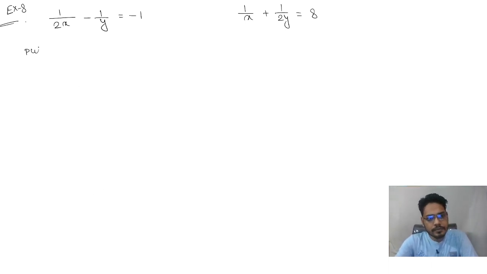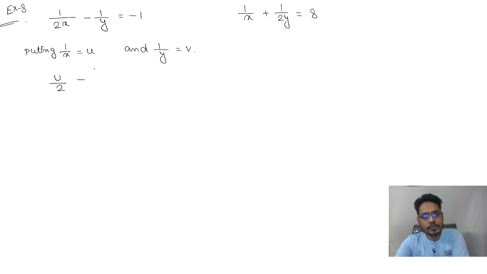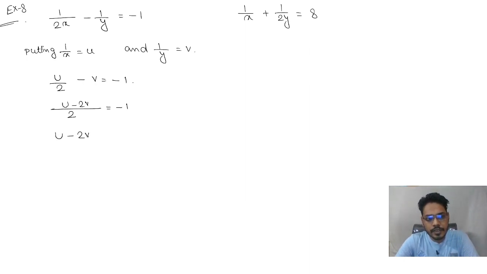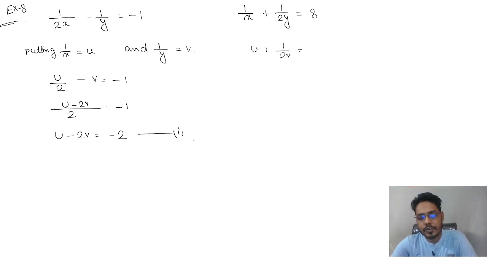Now assuming that 1 by x is equals to u and 1 by y is equals to v, in the first equation it will be u by 2 minus v is equals to minus 1. So here 2 is the LCM. So u minus 2v by 2 is equals to minus 1. So u minus 2v is equals to minus 2. That is equation number 1.